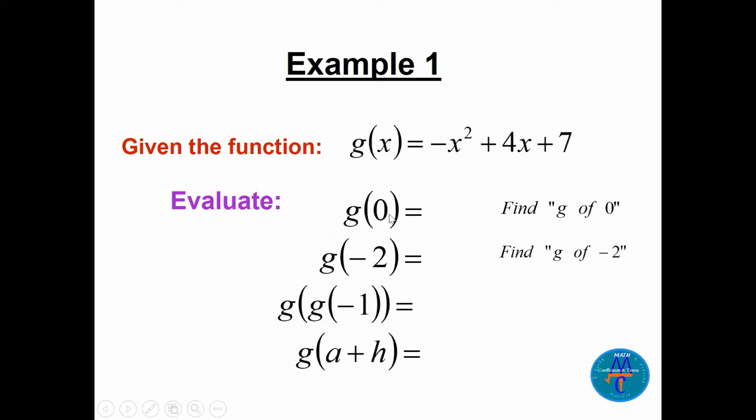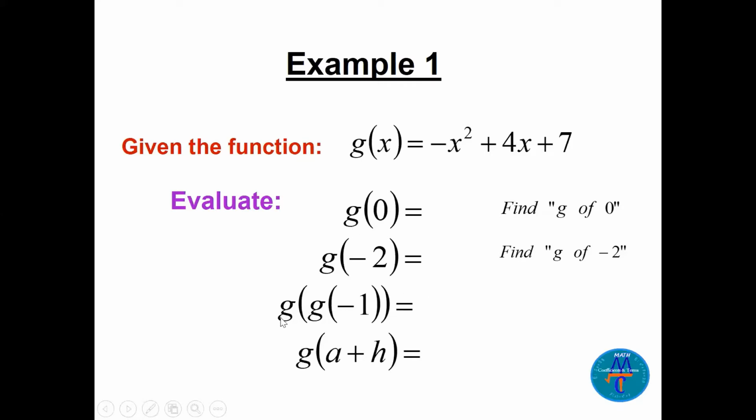See, I started with a very simple example. To find g of 0, I think you know, replace every x in the function here by 0. Put 0 there, 0 there. That's the easiest example. Now, g of minus 2, also put minus 2 in every x. But you have to be careful here, these questions are about the signs.